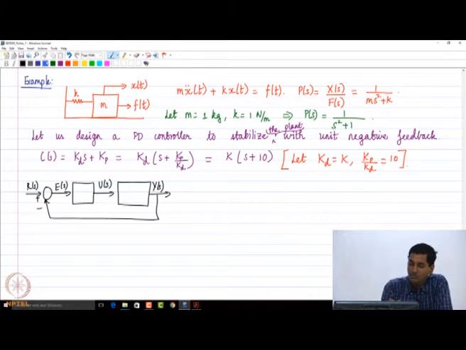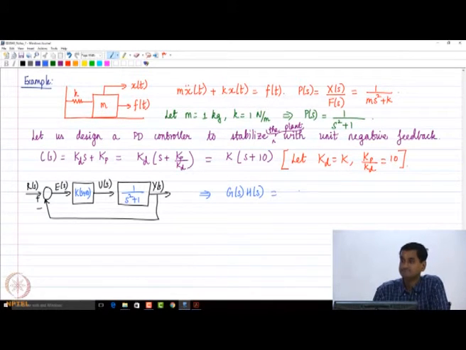What is the plant transfer function? 1 divided by s squared plus 1. What is the controller transfer function? K times s plus 10. So, this implies that the open loop transfer function is K times s plus 10 divided by s squared plus 1.